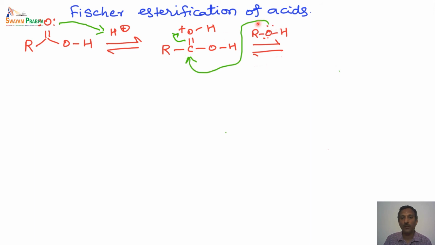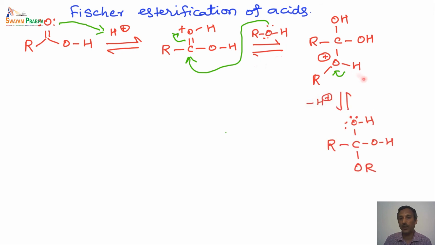So the lone pair of electrons on the oxygen from the alcohol is given to this carbon. We end up with this kind of intermediate where the oxonium ion is present on the alcohol oxygen. This loses a proton to produce the corresponding intermediate as shown here.